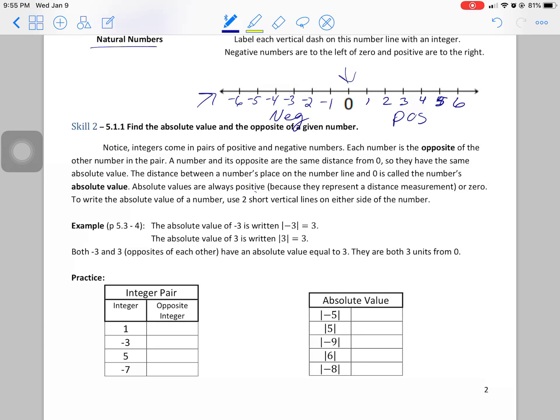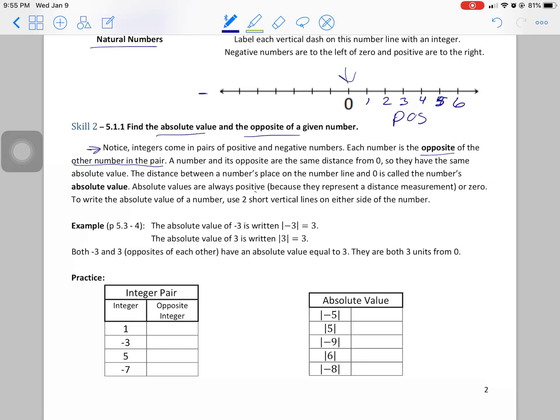So something else we need to talk about is absolute value and opposites of a number. That was kind of in my way there, sorry. Absolute value and opposite of a number. Notice, I'm going to read right here. Notice the integers come in pairs of positive and negative numbers. Each number is the opposite of the other number in the pair.